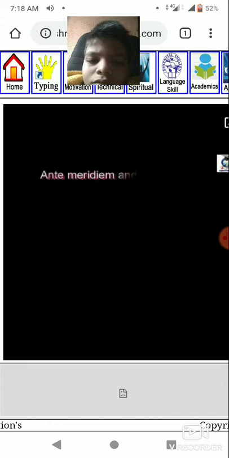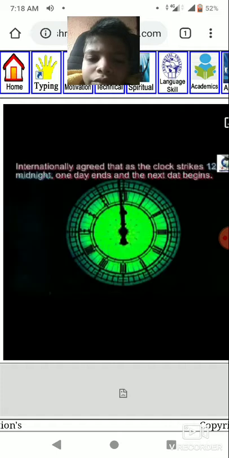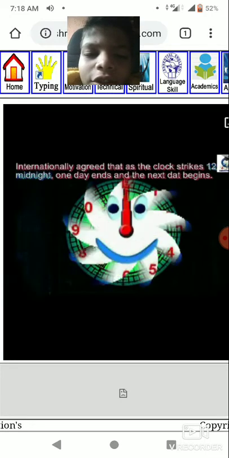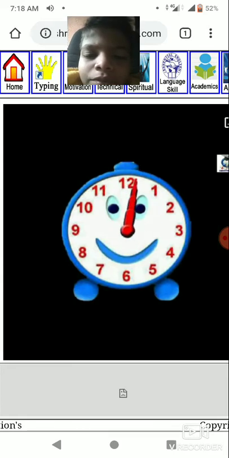Now about ante-meridiem and post-meridiem. It has been internationally agreed that as the clock strikes 12 midnight, one day ends and the next day begins. From that moment on, the clock shows the time for the next day.